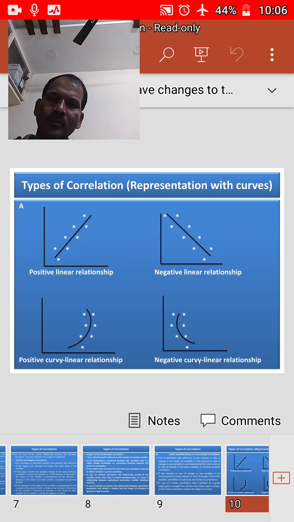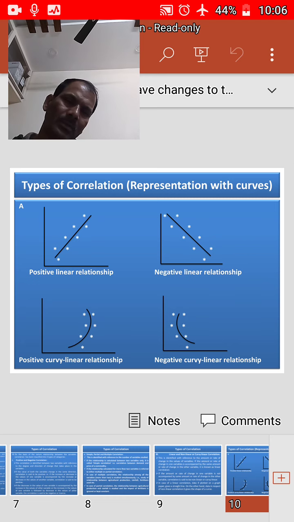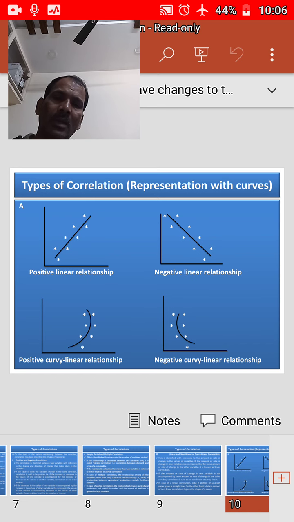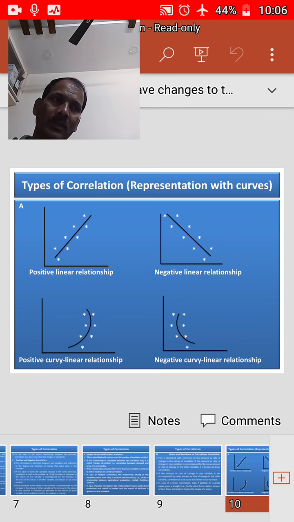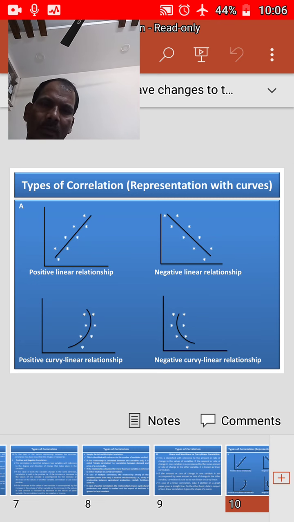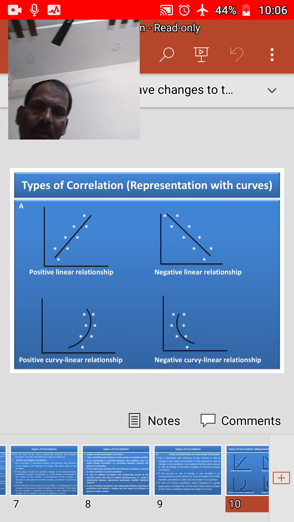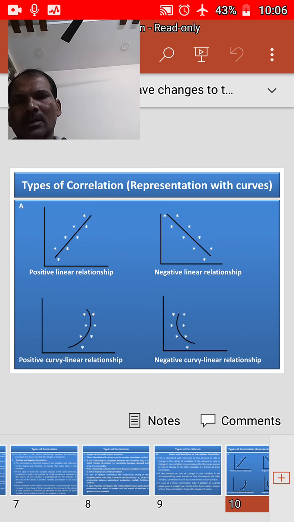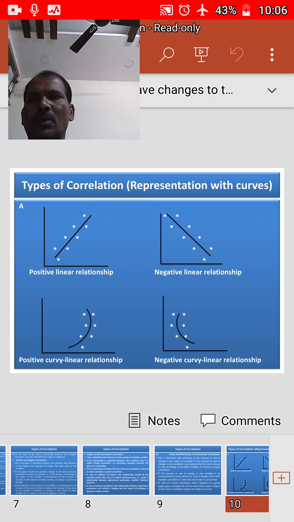Curvilinear form may be positive or negative. In the positive one also, the rate of change in one variable is not accompanied by the same rate of change in the other variable. They are moving differently; the rate of change may be higher than the earlier one. And in the negative also, the rate of change of one variable may not be accompanied by the other. Both are in curvy form only.